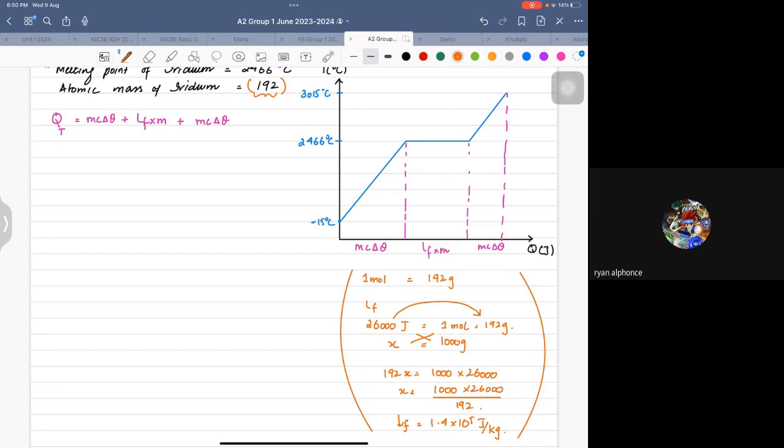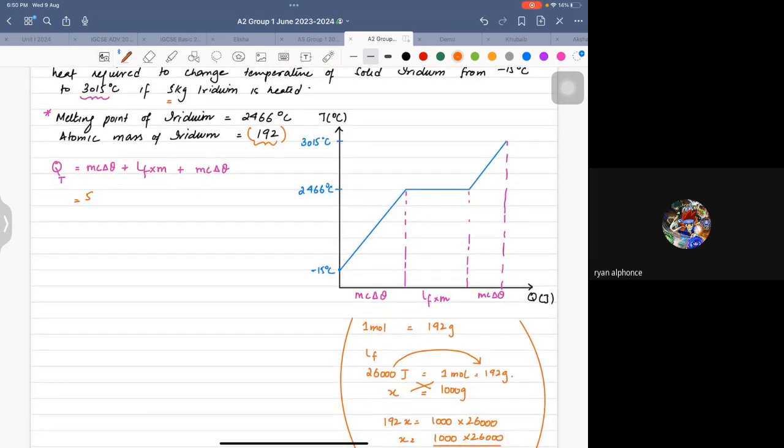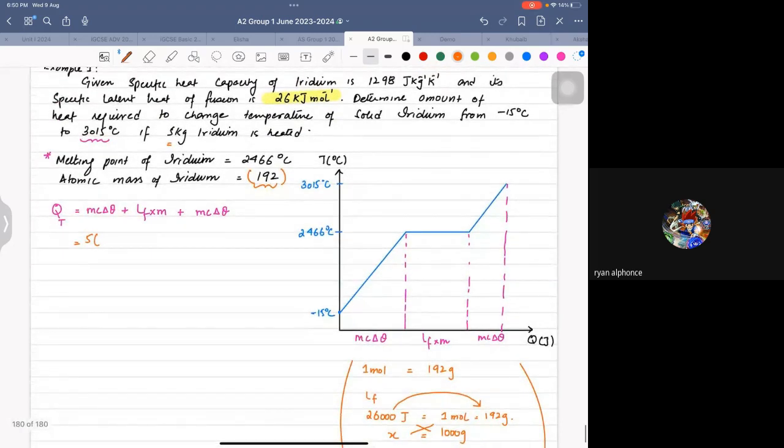All right. Now, the mass of iridium was supposed to be 5 kg. So 5. Heat capacity of iridium, I think it was given as 1298. And the change in temperature in the first section was 2466 minus 15.